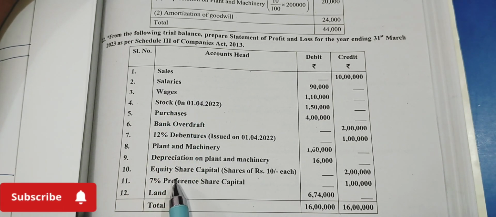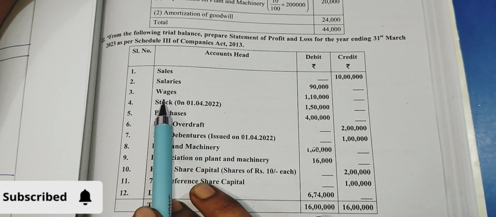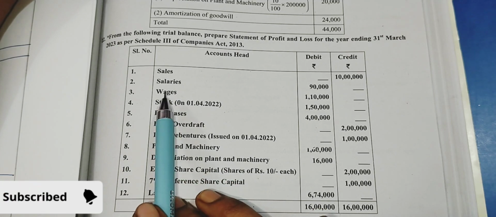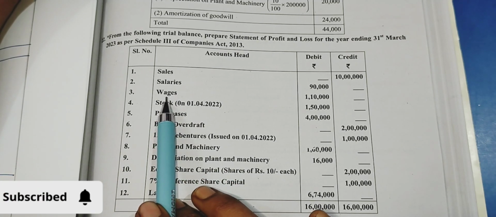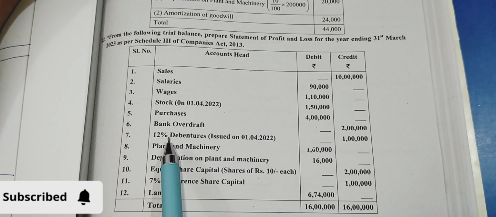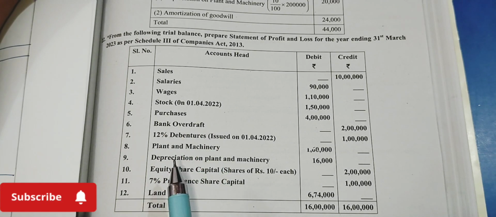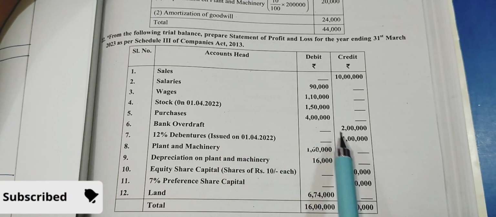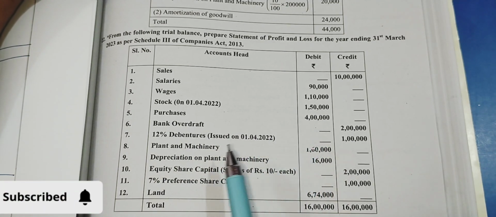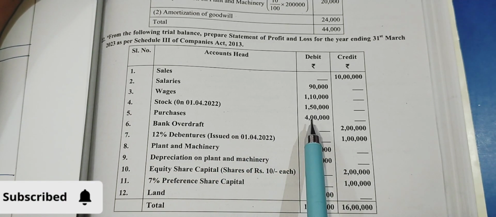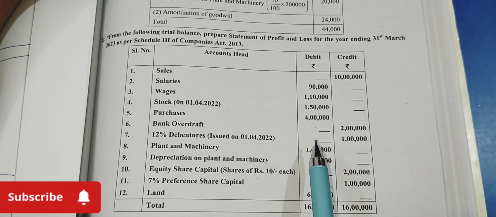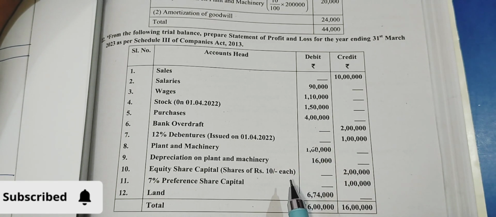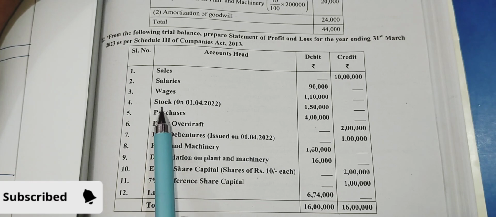Any sales return is there? No. No other adjustment. Salary and wages both are coming under the employee benefits. Stock, opening stock and closing stock, the difference we are taking. So for purchases and cost of material consumed, we need to take opening stock plus purchases minus closing stock. Right.